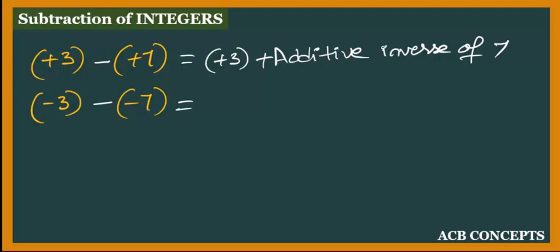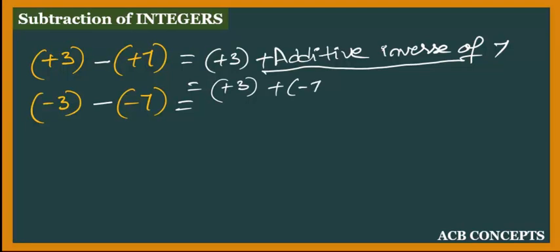This minus is nothing but plus additive inverse of 7. Now write plus 3 plus the additive inverse of 7, which is minus 7. Here both have different signs, so put the sign of the bigger number and write the difference, here 4.